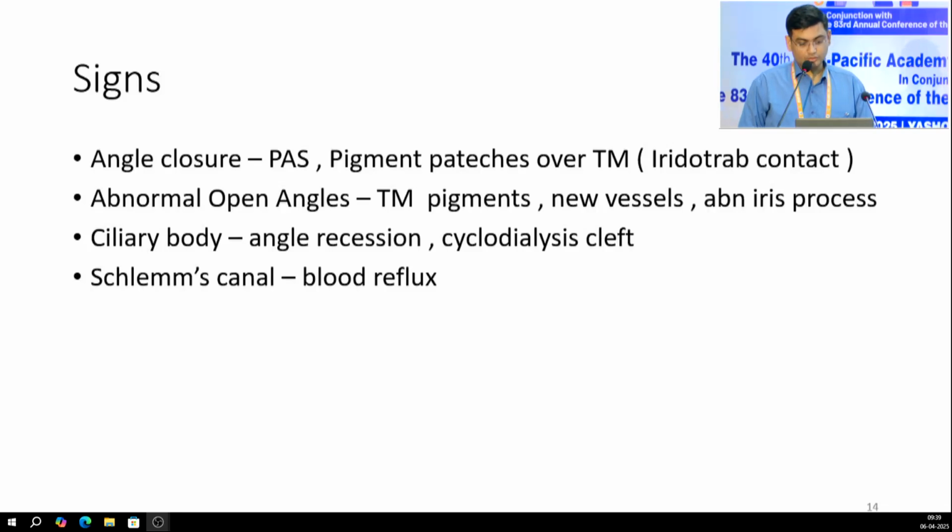Now in angle closure, you will see pigmented patches over the trabecular meshwork, which is a sign of iridotrabecular contact. In abnormal open angles, there will be TM pigments, then new vessels, abnormal iris processes. For the ciliary body, look for any angle recession, any cyclodialysis cleft. And in some cases, you can see blood in Schlemm's canal.